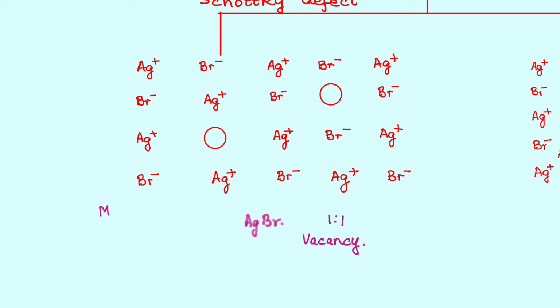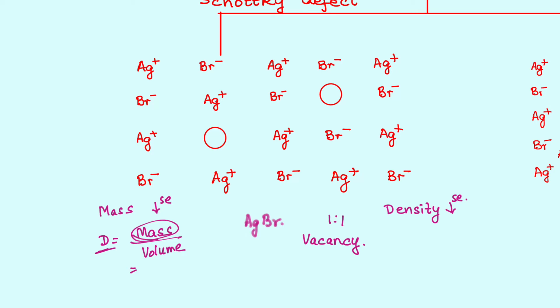Of course, the mass will decrease. Now, density is defined as the mass per unit volume of a substance. If mass decreases, what will happen to density? Yes, of course, in this case, the density of the crystal will decrease.